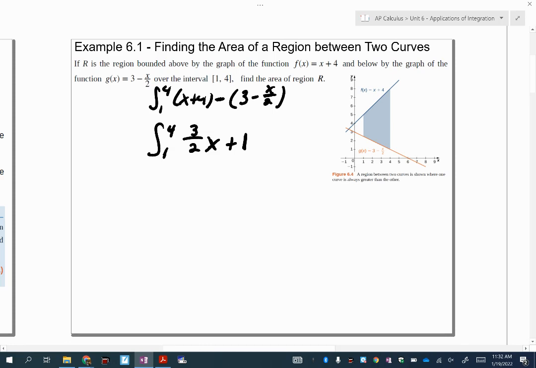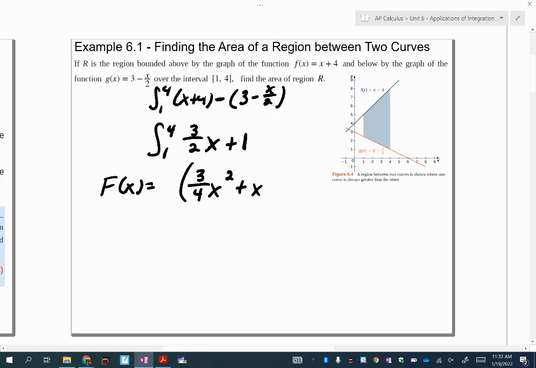Now, we've done this before. This is integration, so you're finding the antiderivative. The antiderivative starts with x squared, and I need to put something in front that when I multiply by 2, I get 3/2. So that's 3/4. I'll show you in class how you can always set up a basic algebraic equation to find that if you don't know. Then it's plus x.